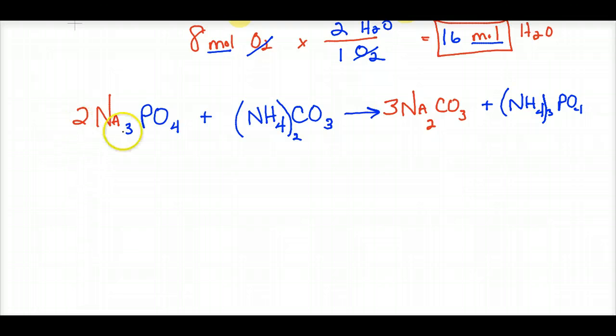Now notice something. I have 2 sodiums, but remember this distributes. I have 2 phosphates, keeping the phosphates together. I have 1 phosphate. So I'm going to throw a 2 here. 2 phosphates. Now look at this. That gives me 2 times 3, 6 ammonium ions, keeping this together. 6, well I have 2 here. I would need a 3 in front to give me 3 times 2, 6 ammoniums.